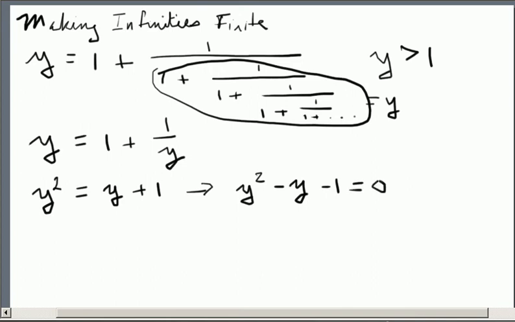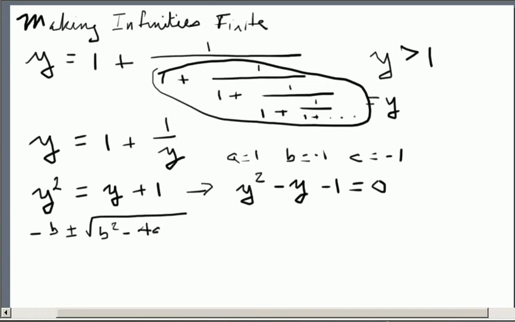So if you remember the quadratic formula, a is equal to 1, b is equal to minus 1, and c is equal to minus 1. So the roots to this quadratic are always, its expression is always minus b plus or minus the square root of b squared minus 4ac over 2a. It's another lecture, or you can look it up on the Khan Academy on how to complete the square and get this expression.